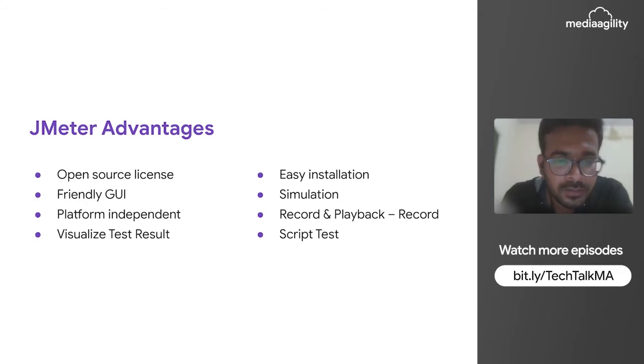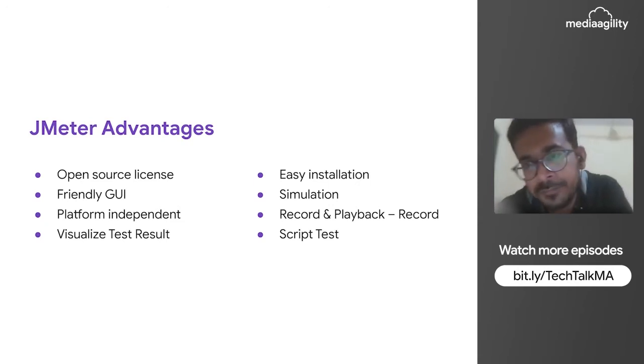It's easy to install. We just need to download the Apache JMeter binary file, and from the bin folder we will get a jmeter batch file for Windows, and a jmeter.sh file, which is the Linux executable file for Linux OS.